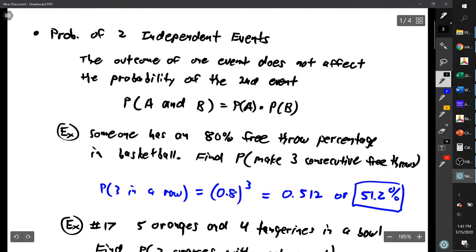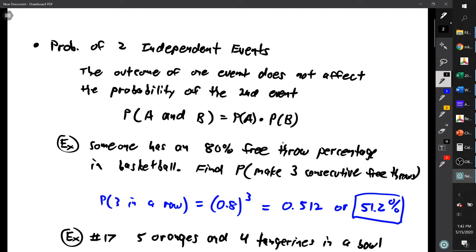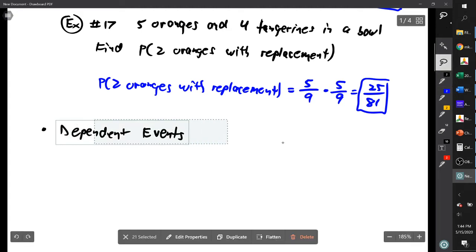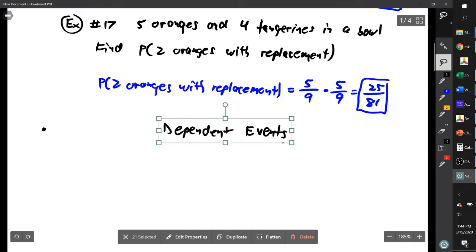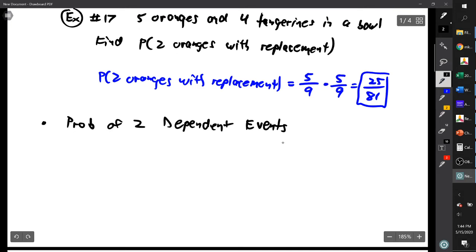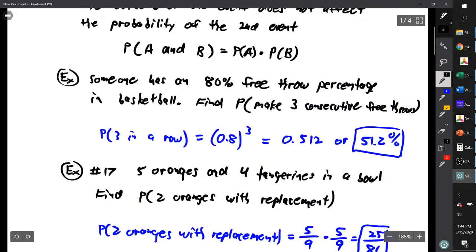And just like the explanation we had up here, I guess I should have said prob of 2 dependent events. So dependent events, how did I word that up there?